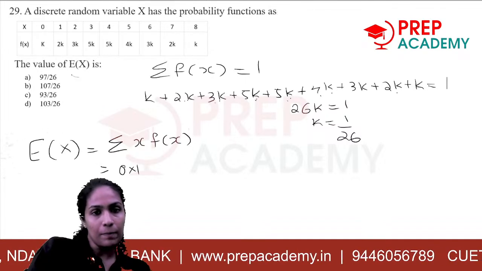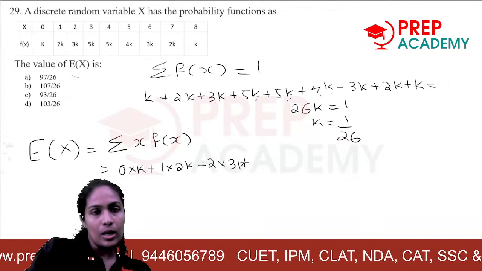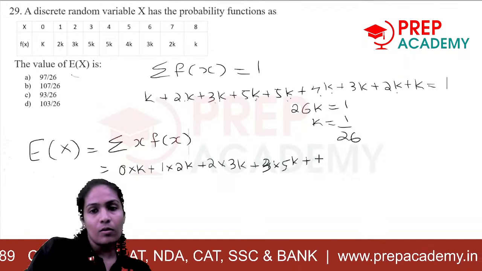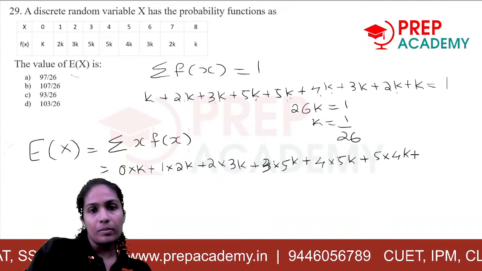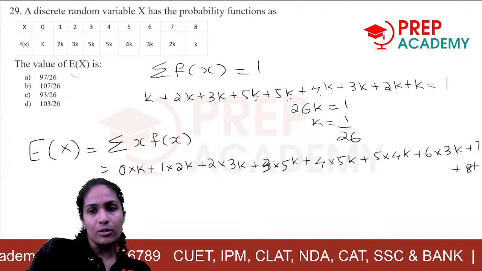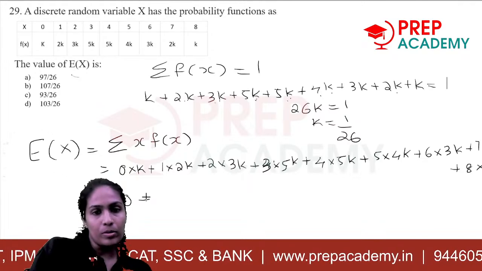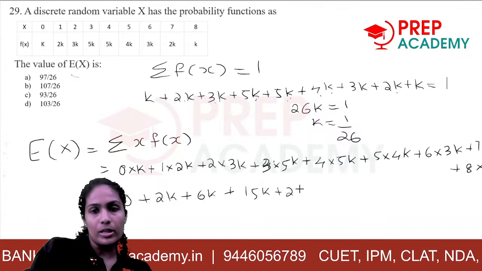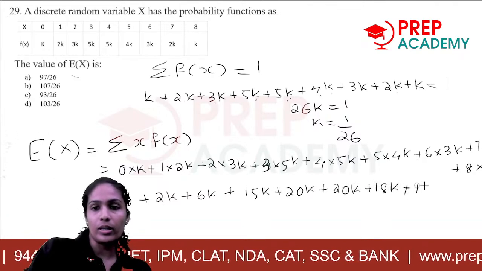That is 0 into k plus 1 into 2k plus 2 into 3k plus 3 into 5k plus 4 into 5k plus 5 into 4k plus 6 into 3k plus 7 into 2k plus 8 into k. 0 into k is 0, plus 2k plus 6k plus 15k plus 20k plus 20k plus 18k plus 14k plus 8k.